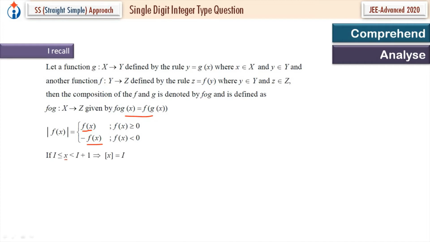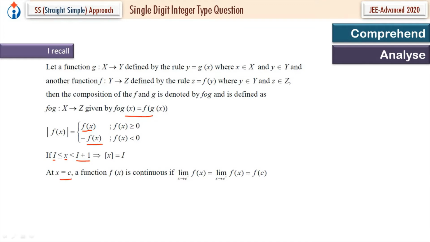And any real number x is in between an integer and the next integer. So if x is greater than or equal to I and less than I plus 1, we know the bracket x, the greatest integer value, is equal to I, an integer.